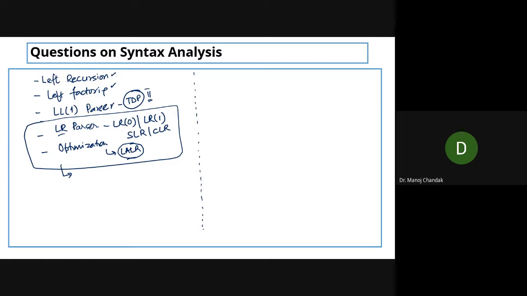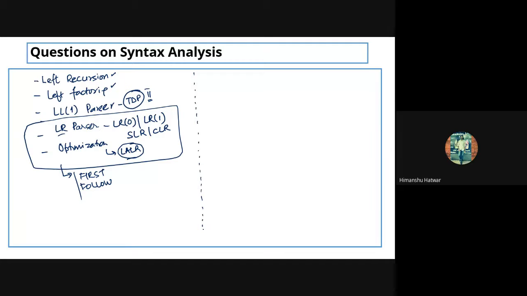Otherwise, I don't mind covering all these things because anyhow I should teach you all these things. So anyone from the class can tell me on the chat window that you are somewhat familiar with some concepts like first, follow, left recursion, left factoring. Anybody? Or should I cover all these things? Yes, sir. It is required.